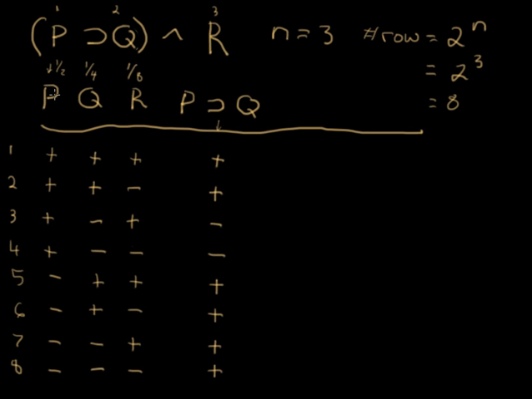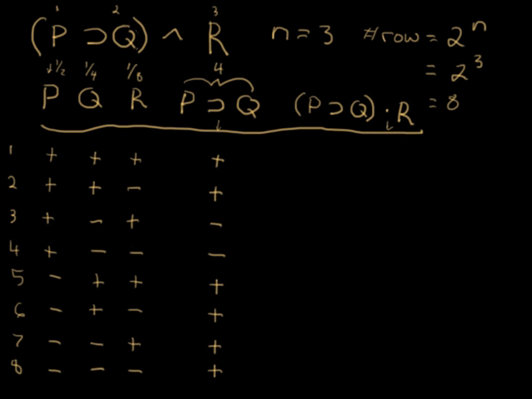So here's our first column, second column, third column. This here is our fourth column. Our last column is going to evaluate on the AND portion of this WFF, right? So we have P, if P, Q, that value, and R. We're actually evaluating on this operator now.